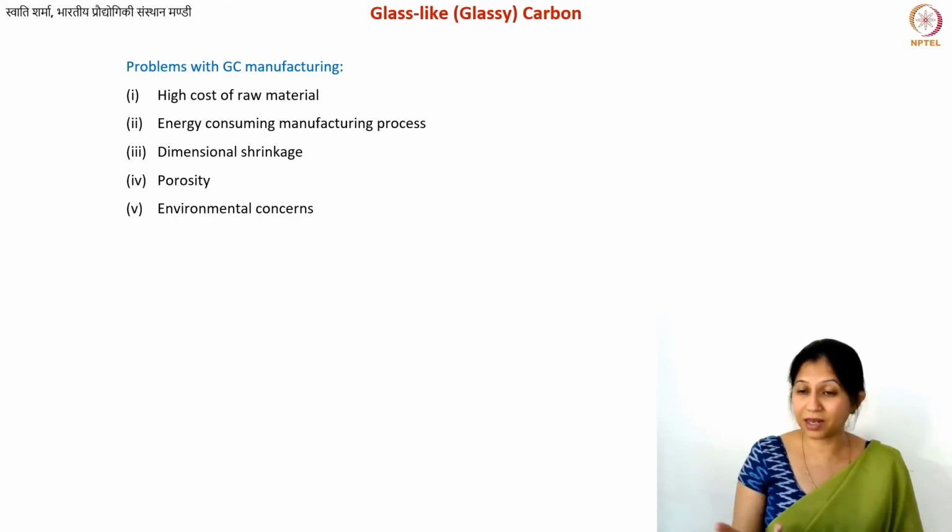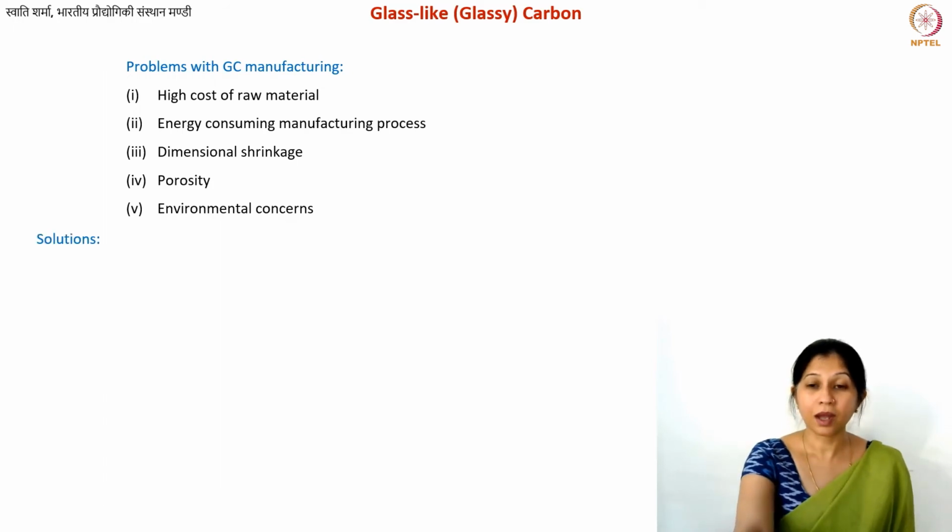In fact, that becomes very expensive. So you need to have certain filters which can protect these materials from going into the environment directly, and that is why you need to take care of environmental factors also. So these are some of the problems and challenges currently there with glassy carbon manufacturing.